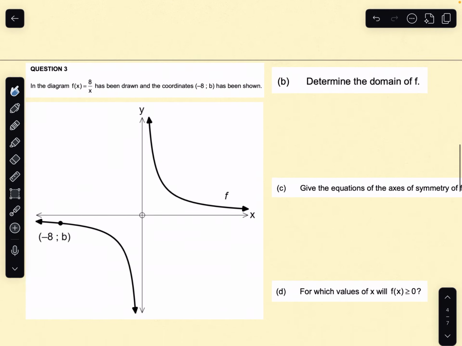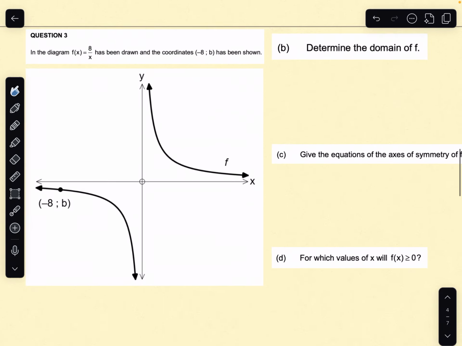Right. Next up, we're asked to determine the domain of f. So domain, what input values can this function accept? And the graph gives us a hint of this, because if we walk along the x-axis and keep looking up and down to see, does the graph exist for whatever value of x I'm parked on.